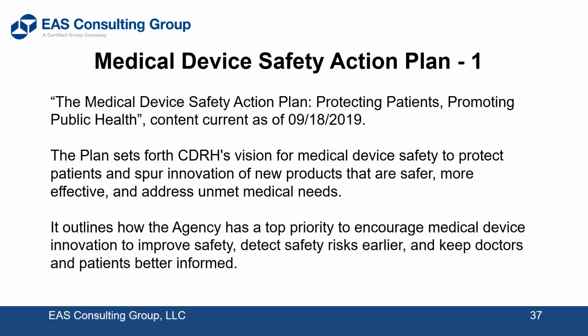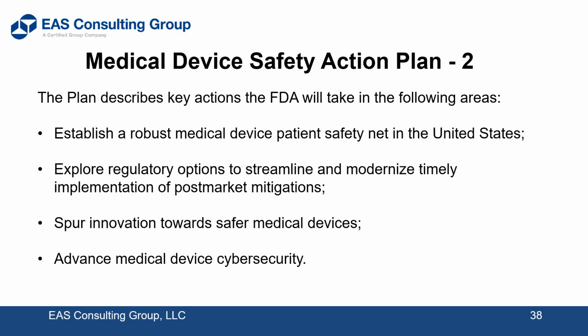So let's look at a couple of these as well, the specifics, if you will. The action plan is what outlined some of these things, and that was back in 2019, excuse me. It mentioned some of the things that needed to be considered in order to innovate, including cybersecurity issues, and the willingness to look at these things.